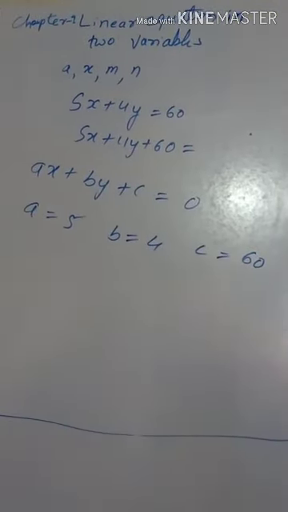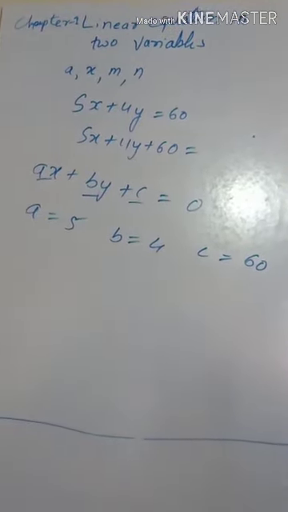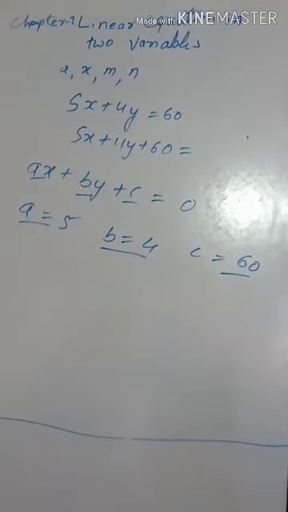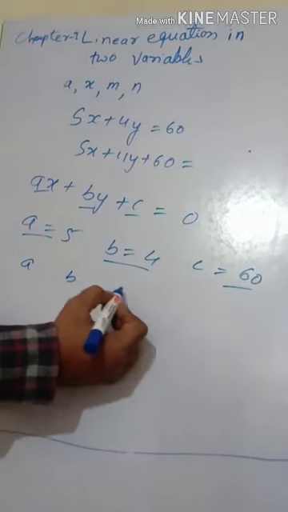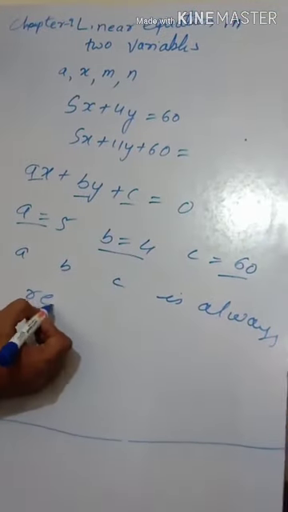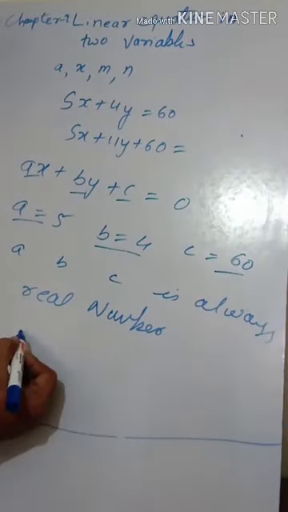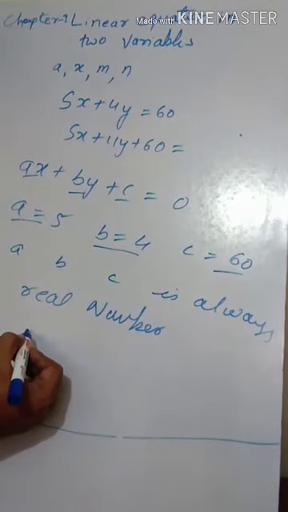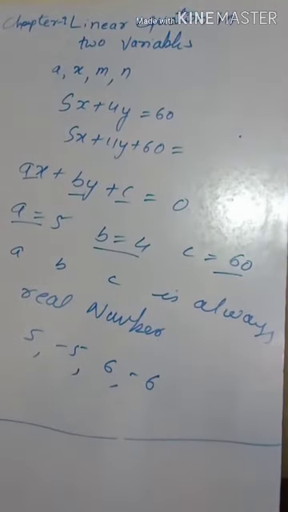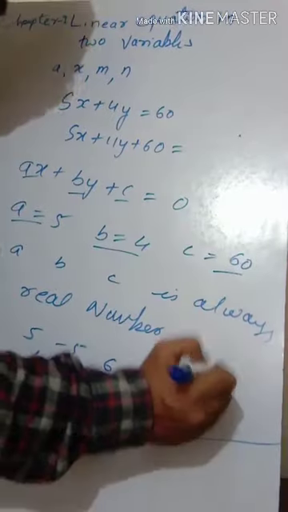So student, when we write the equation in the form ax plus by plus c is equal to 0, a, b, c are always real numbers. Real number means the number which exists in real, that is 5, minus 5, 6, minus 6, whatever, but it is a real number.